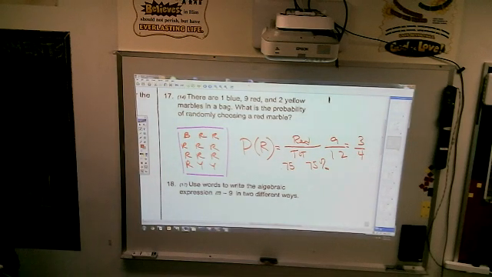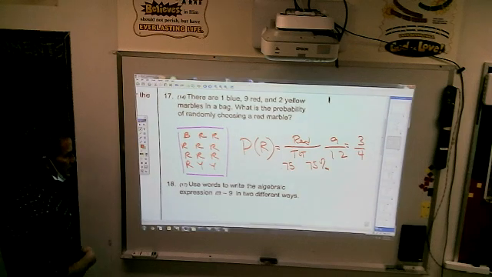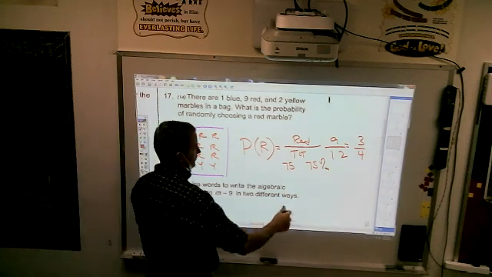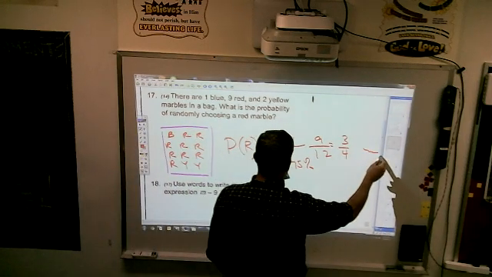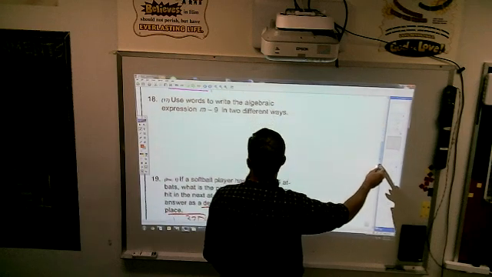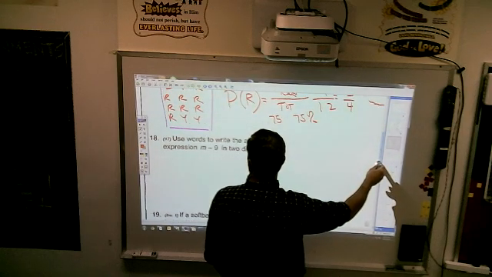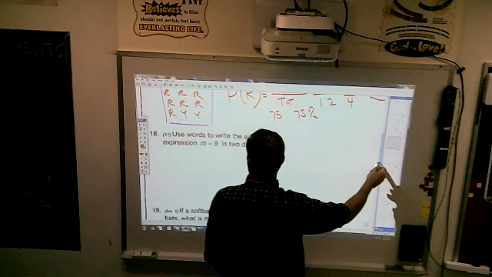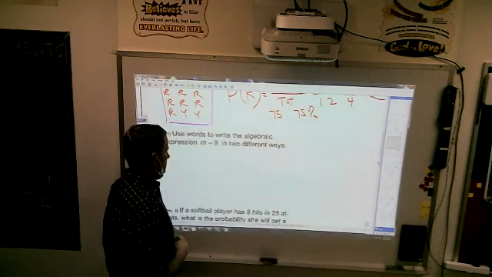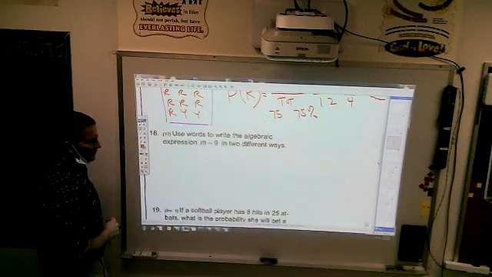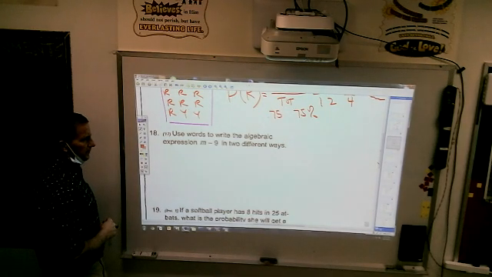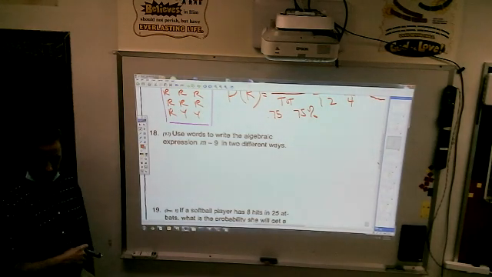Frankie, did you get your 18 answered? Which one was the one where you said you could have this or that? The expression m minus 9. You said if you use negative 9, it would work. What did you put? I put parenthesis, negative m, parenthesis. You wrote parentheses in words?